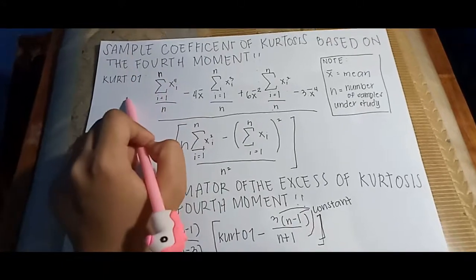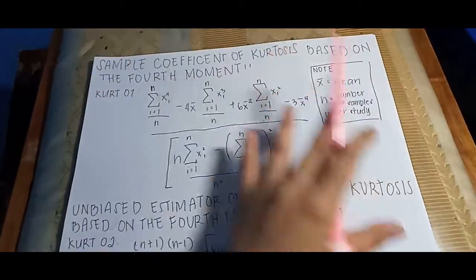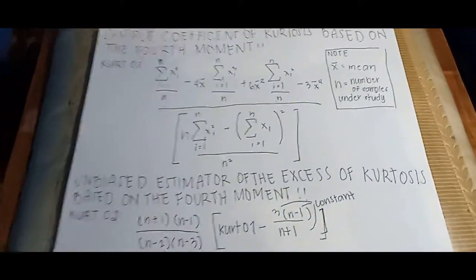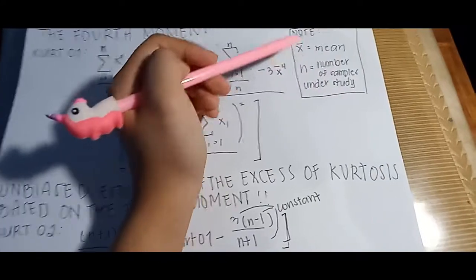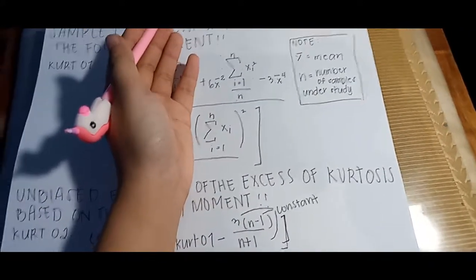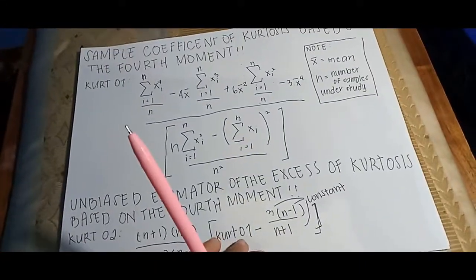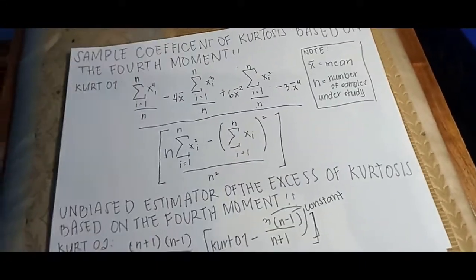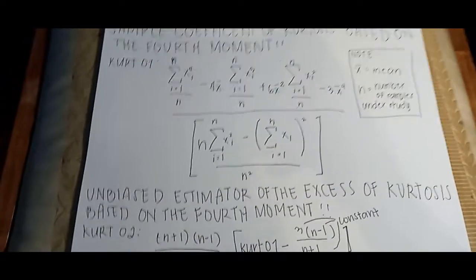We have kurtosis 1, also known as the sample coefficient of kurtosis based on the fourth moment. Before starting, please note that x will always be the mean and n will always be the number of samples under study, or the total given numbers in your equation. Okay, let's start.